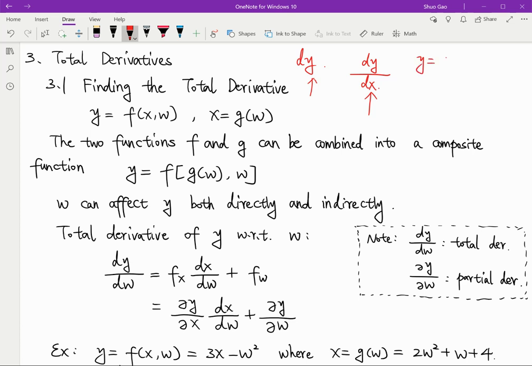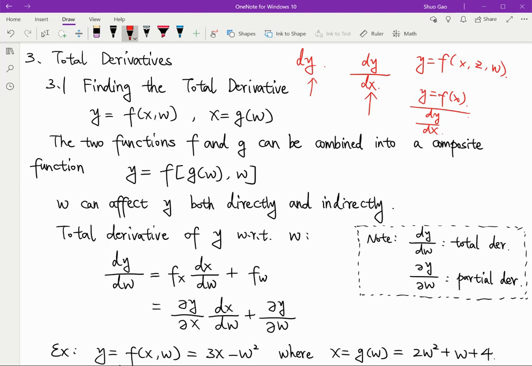So here y is a function of, for example, x, z, and w, right? If y is a function of only one variable x, then dy over dx is also the partial derivative, because there are no other variables.